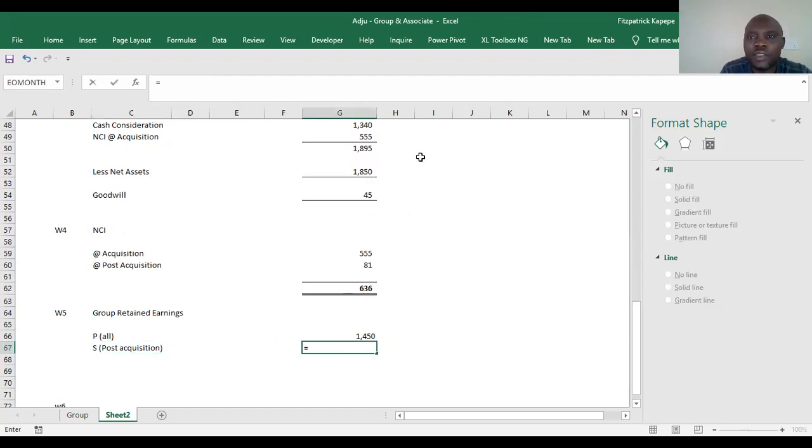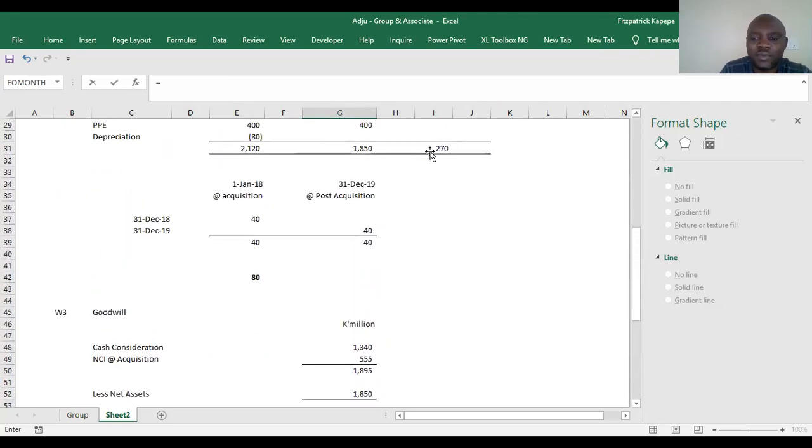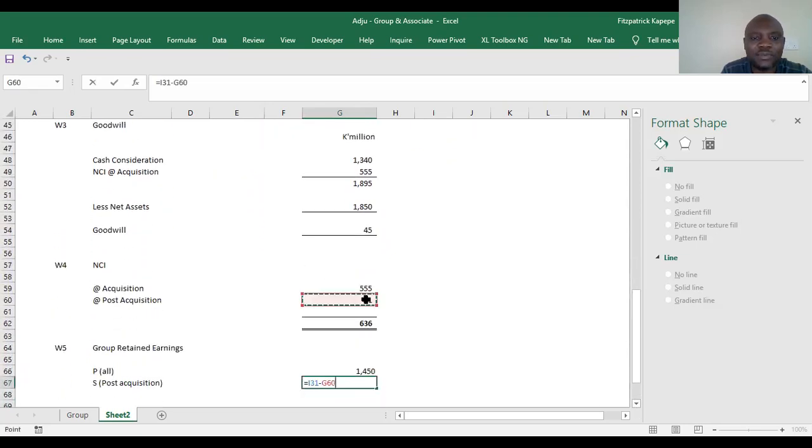So it will be the 270 up there, less the NCI at post-acquisition. Or if you want, you can say the 270 times 70%, you still get the same amount.